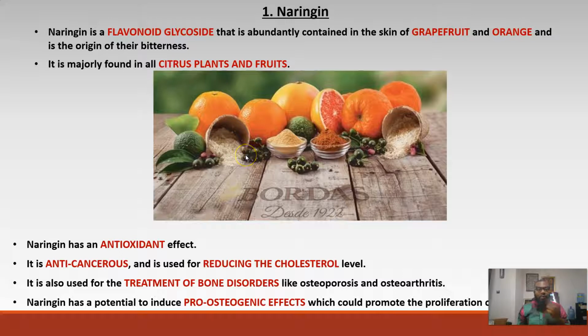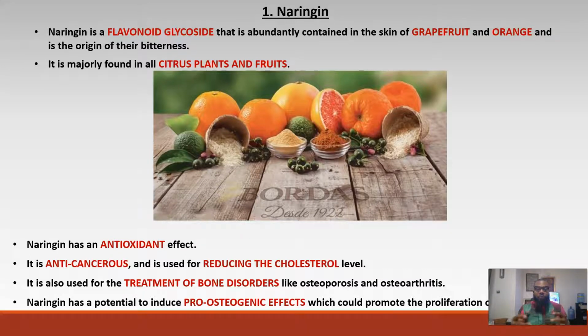So naringin is a flavonoid glycoside, and it's basically found in grapefruits and oranges. It's in almost all citrus plants. You can find them in lemons, limes, and all of that. It has an antioxidant effect, in the sense that it's anti-cancerous and it reduces the cholesterol level in the body.